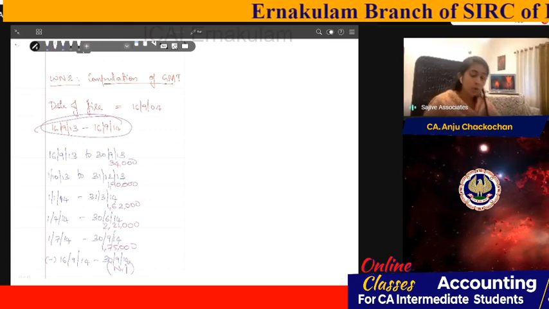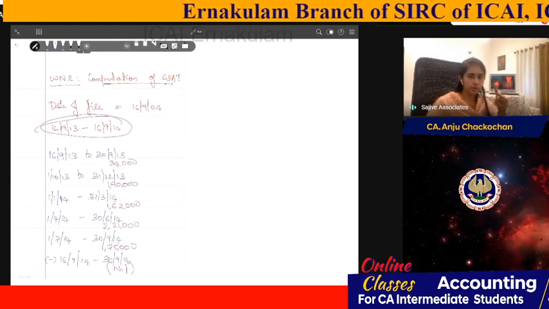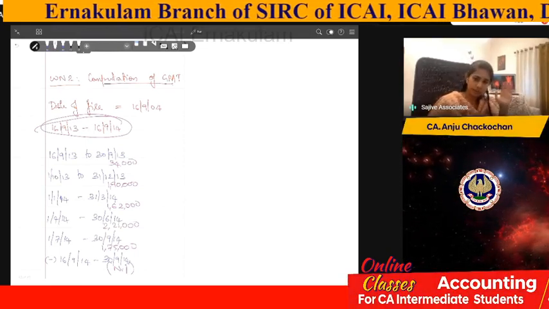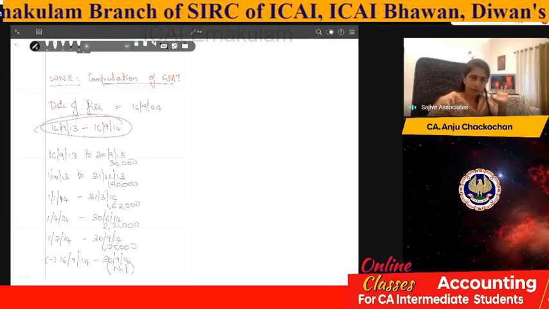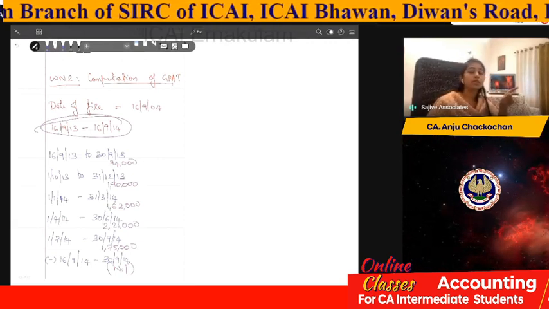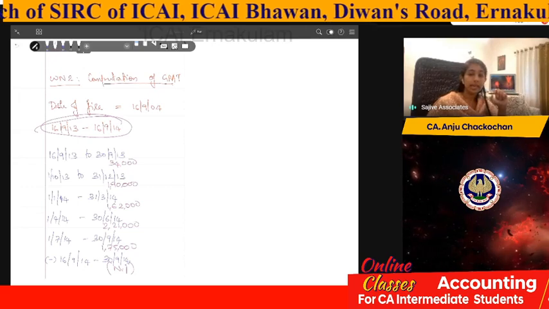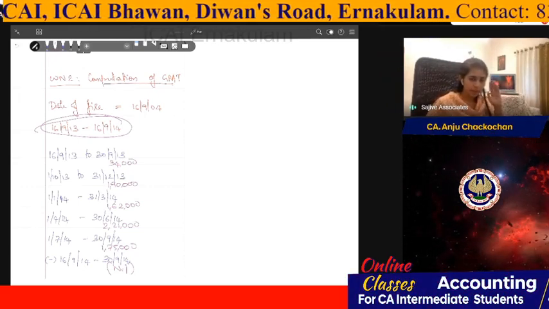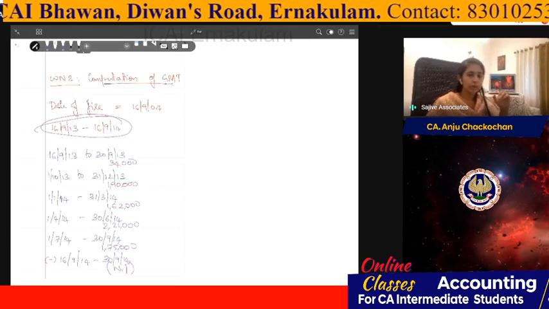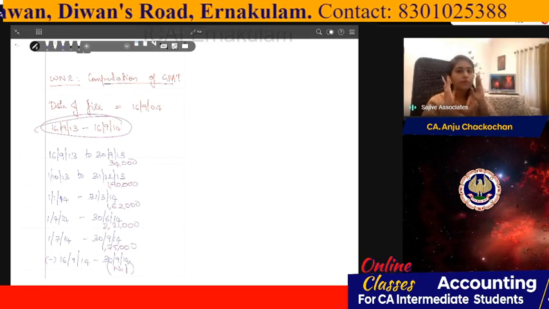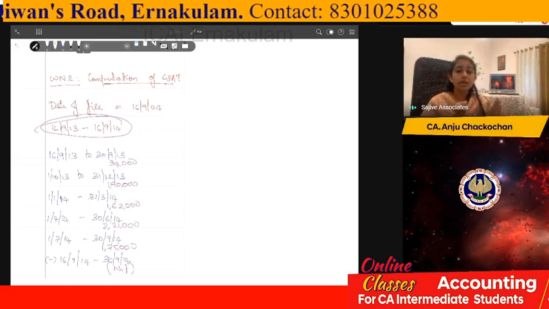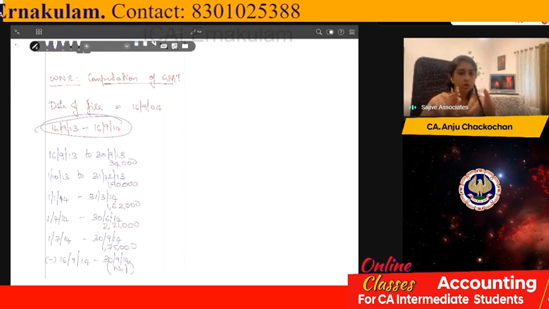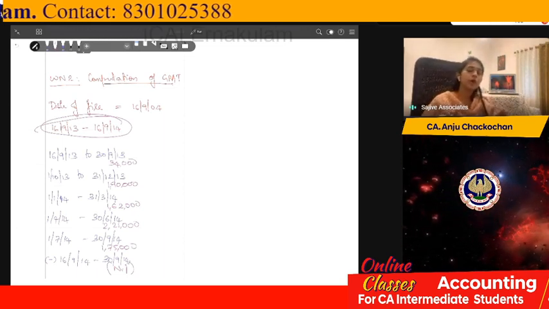Now the next point to be noted: if you take the total of this, you get the annual turnover. But to this annual turnover, you will have to apply the increasing trend. The point to be noted is that 2014's turnover is already adjusted for trend.